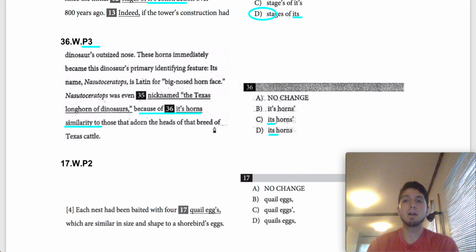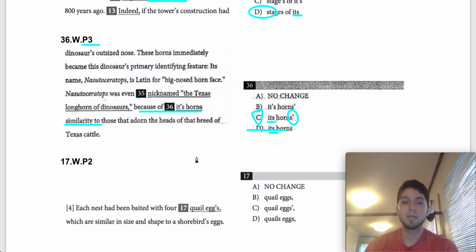Now what we need to figure out is that horns is actually plural. So when we're changing a plural noun into a possessive, we just put the apostrophe at the end. So that's going to be right here, that apostrophe. It's horns' similarity. Good. And so we would choose answer choice C as our correct answer, because we need the possessive and D doesn't have it. So we would get rid of that.